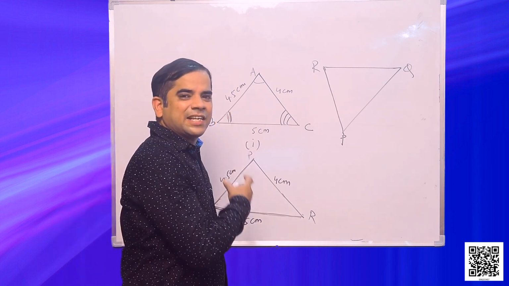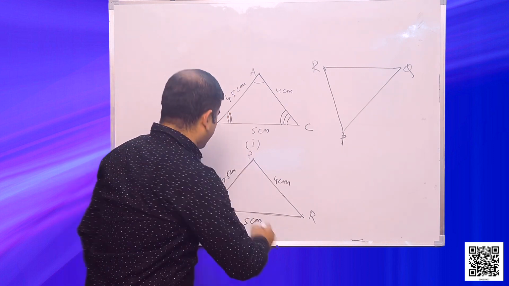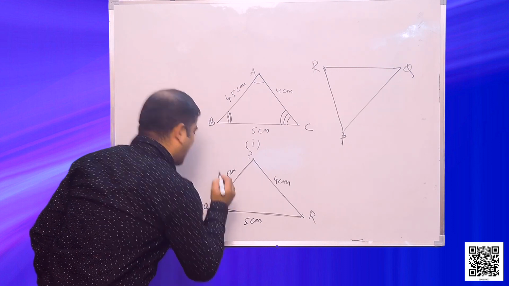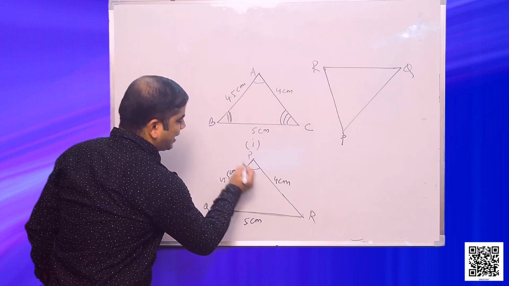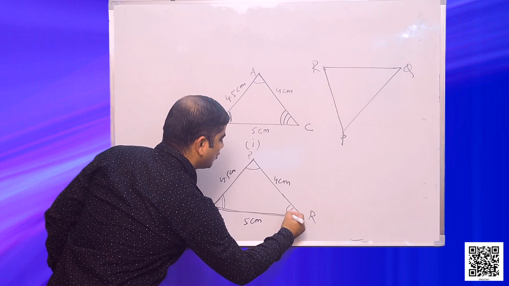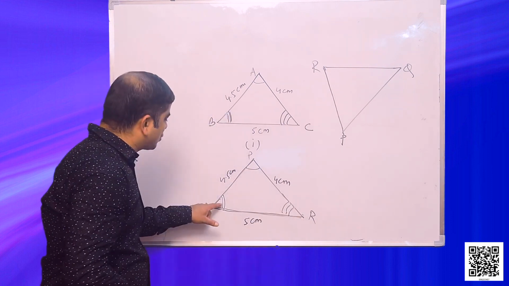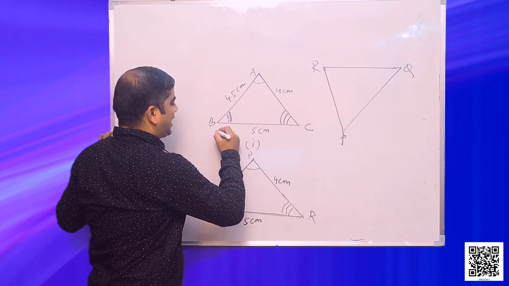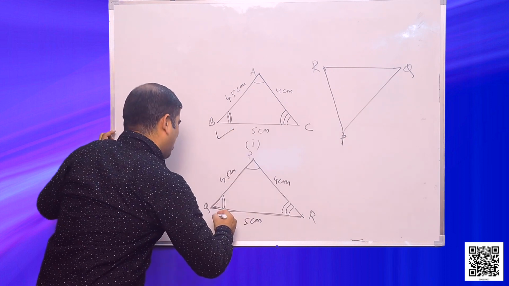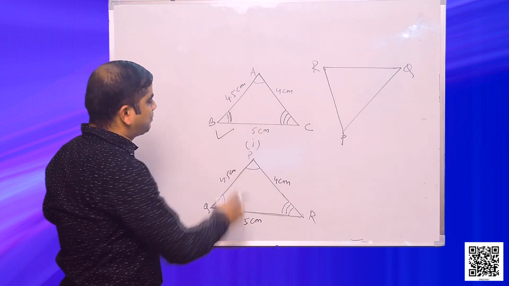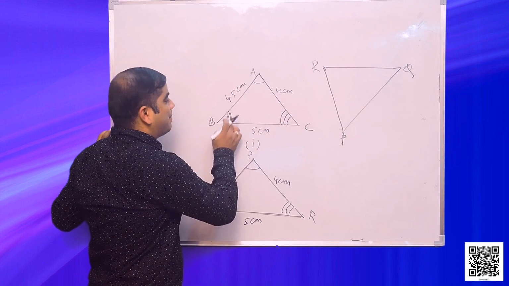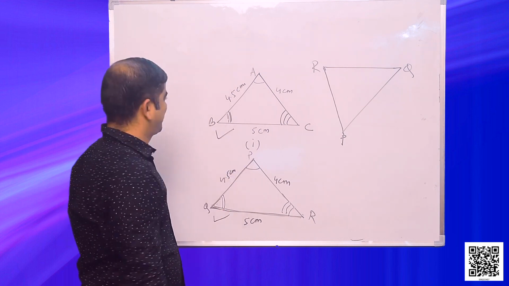And whatever the angles, angle B here in this second triangle, angle Q is denoted like this, angle P is denoted like this, angle R is denoted like this. What this shows is that angle B is equal to angle Q because both the angles have the same number of curves.